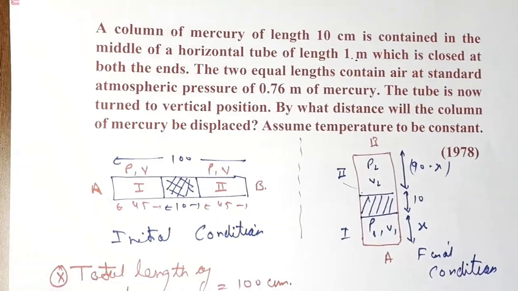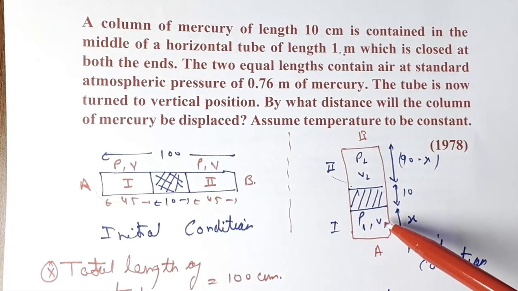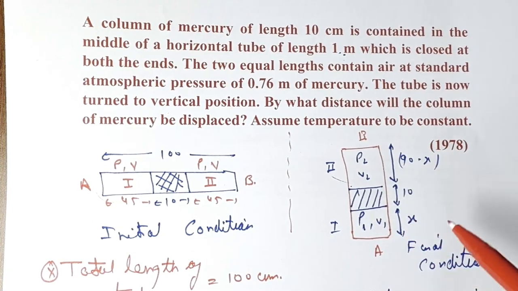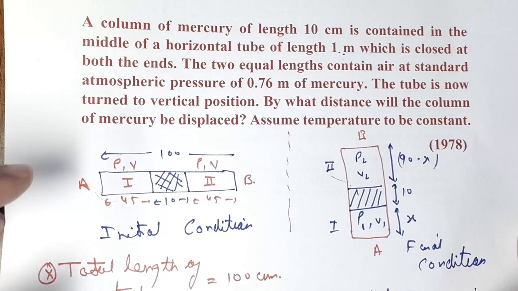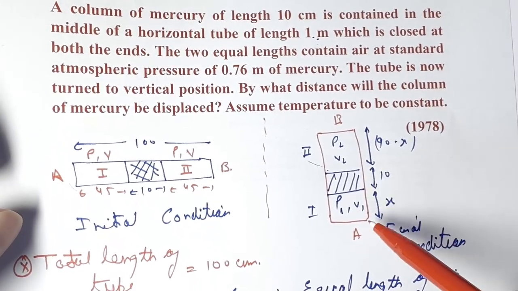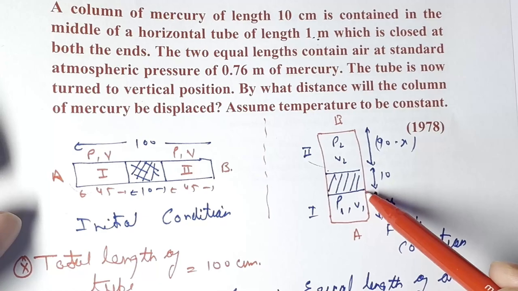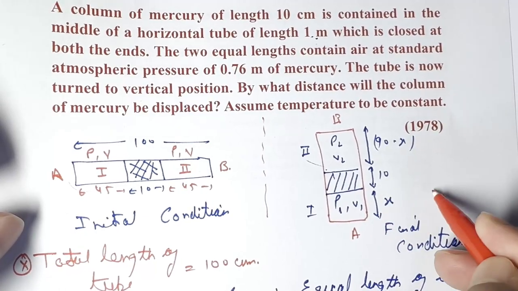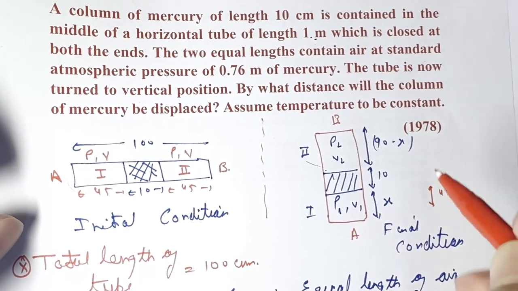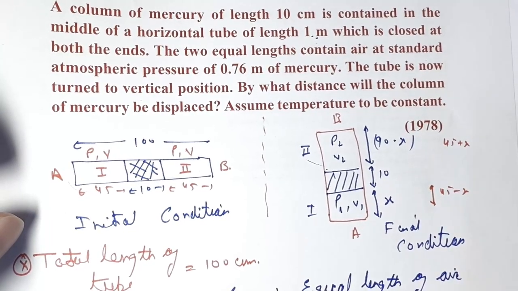This can also be done in a slightly different way in the vertical section. We can assume that the mercury drops in the downward direction by x. If it drops downward by x, the vertical height of the lower part becomes 45 minus x and the upper one becomes 45 plus x.